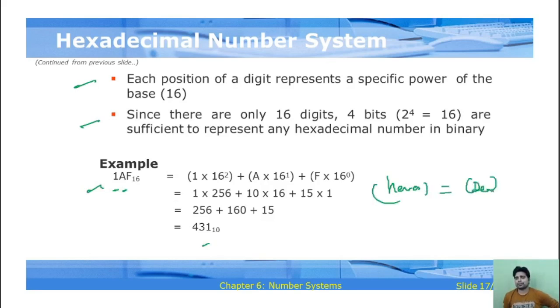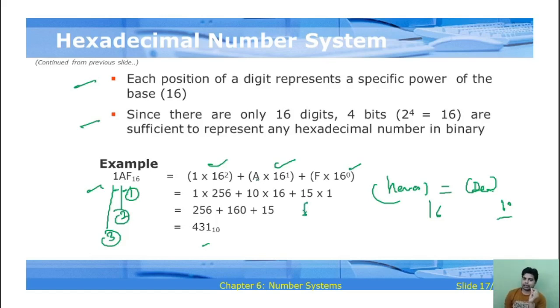decimal conversion. The base of hexadecimal is 16 and the decimal base is 10. Yes, so this is the first digit, this is the second, and this is the third. Clear? So this is 16 to the power 0, 16 to the power 1, and 16 to the power 2. So the first digit is F, and F is 15.